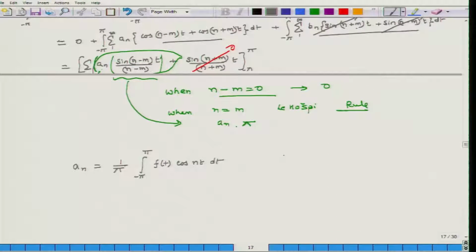Using that I get the expression b_n equals 1 over pi times the integral from minus pi to pi of f(t) sine(nt) dt.